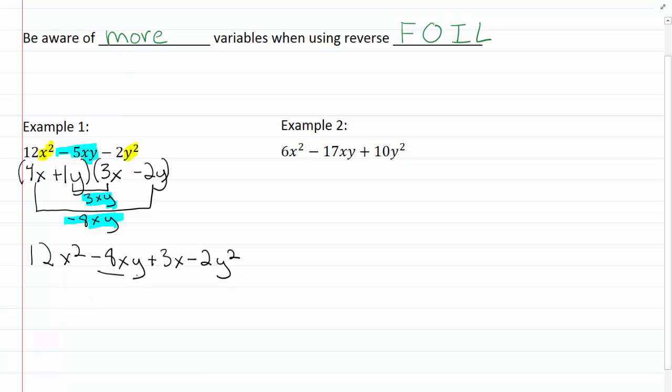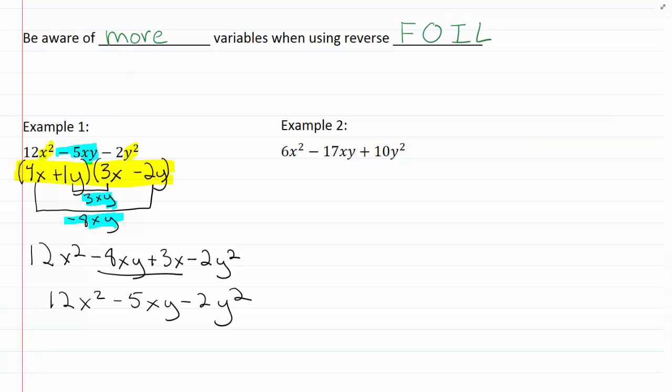And we'll combine our like terms in the middle here, which will leave us with 12x squared minus 5xy minus 2y squared. And that is exactly the same as our original expression, so this is a success. This right here is the product of two expressions, and so we have successfully factored. By finding those two expressions, we can multiply together and come up with our original expression.